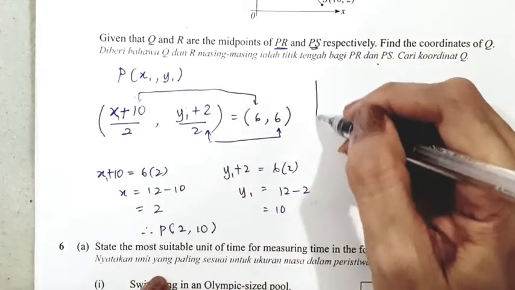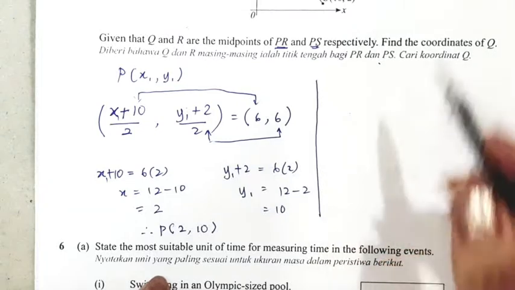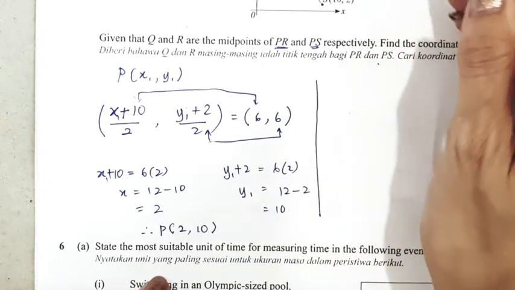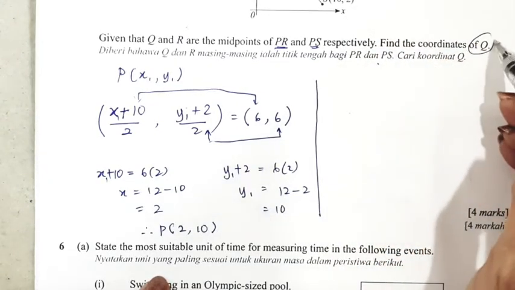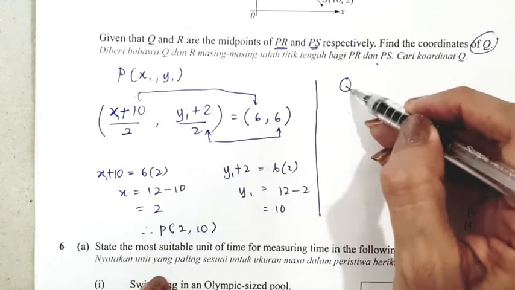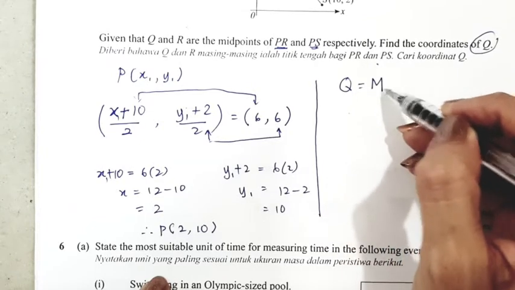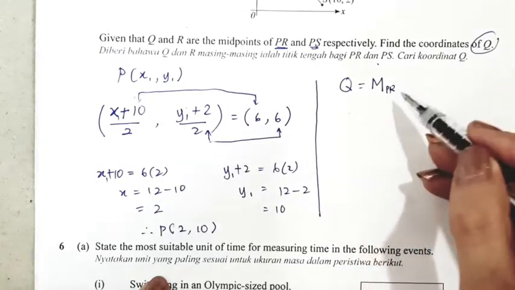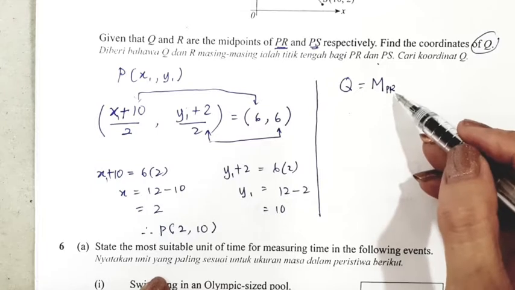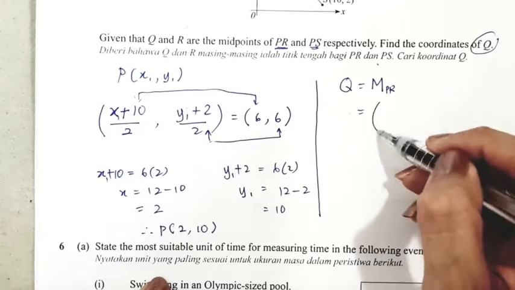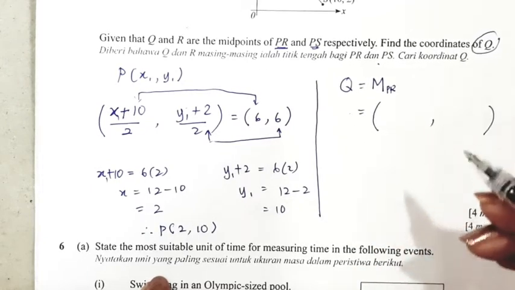So with that, we can use this because our objective is to find Q, right? Therefore, Q is midpoint of PR. Then we have the coordinates of P and coordinates of R. Then we can apply the same formula again.